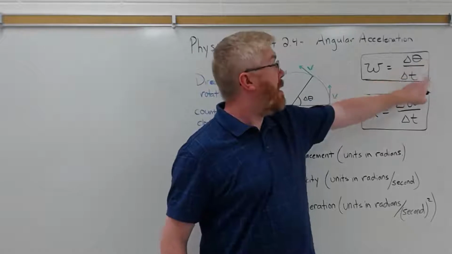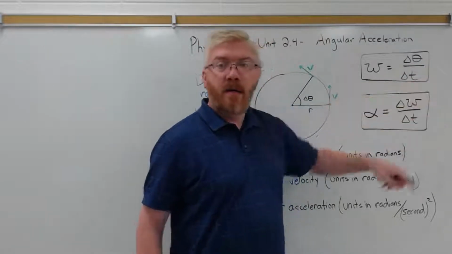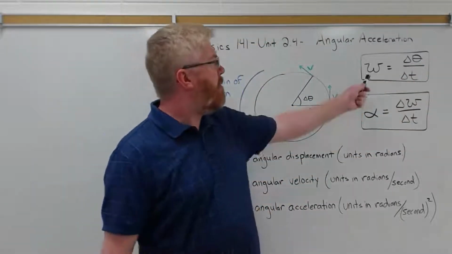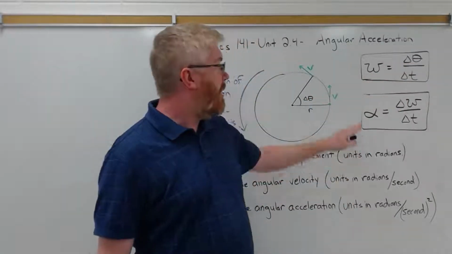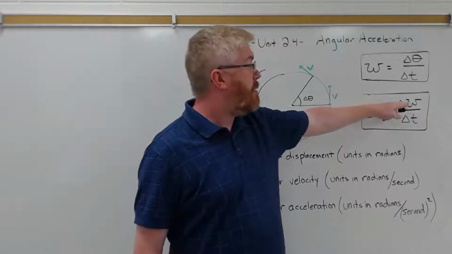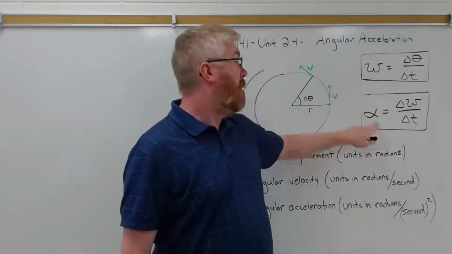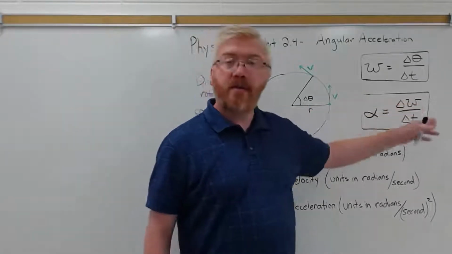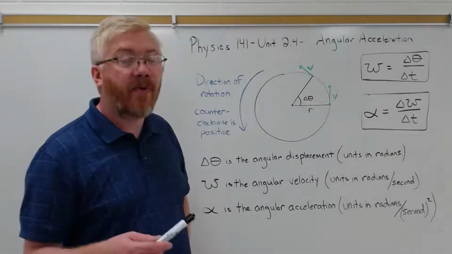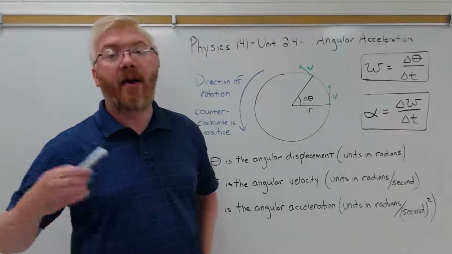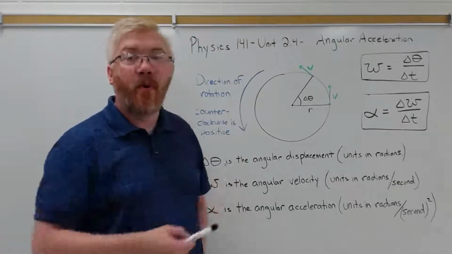It's angular displacement over time. But in our linear case, we had velocity was delta x over time. And then angular acceleration is the change in angular velocity over time. Linear acceleration is the change in linear velocity over time. So the two sets of equations, our linear equations and our angular equations, have similar form.